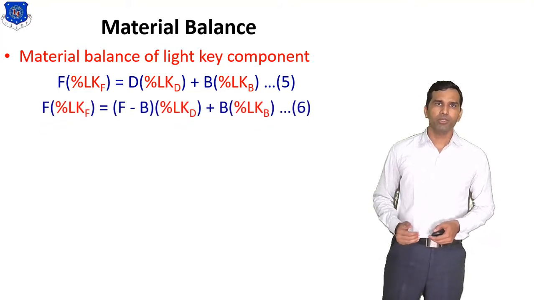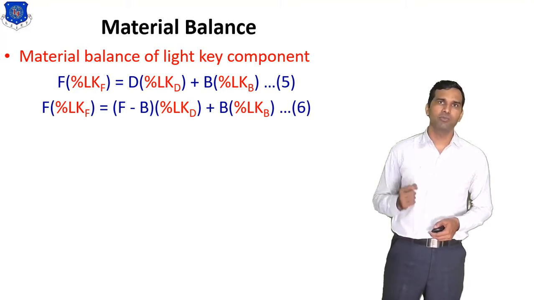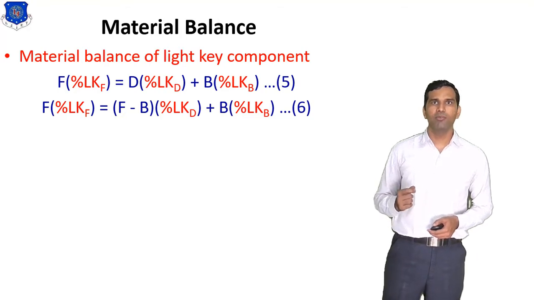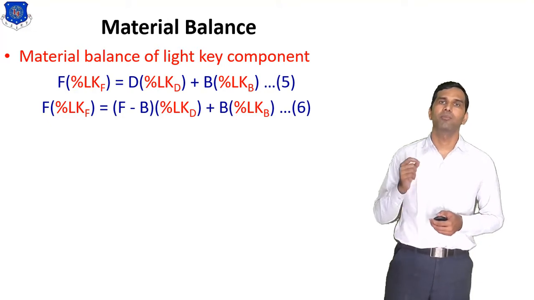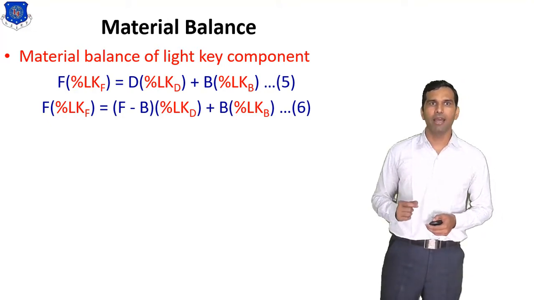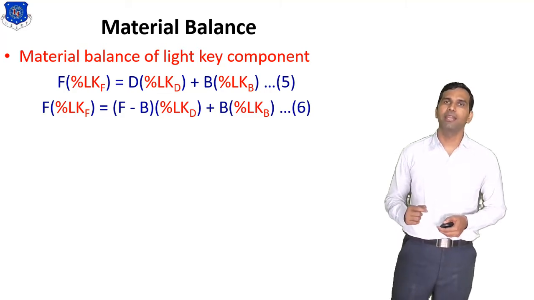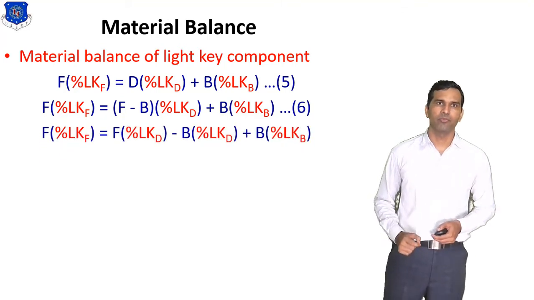We can write, instead of D, F minus B from the previous equation. So simply here we substitute D equals F minus B, and we get F percentage LKF equals (F minus B) into percentage LKD plus B percentage LKB.